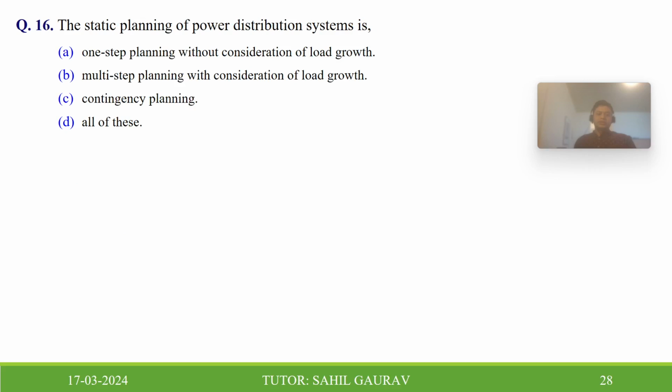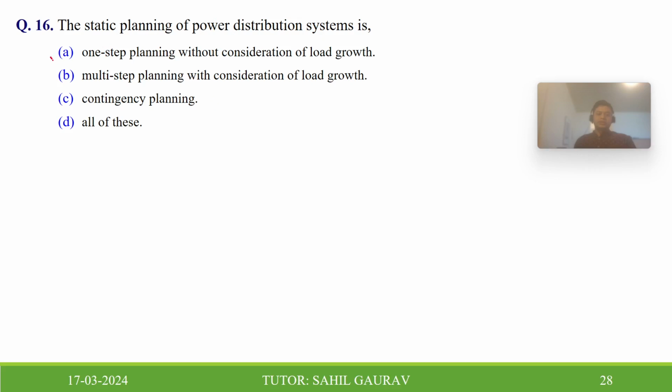I think it has been discussed. The static planning of power distribution system is one step planning without consideration of load growth, and B option is multi-step planning with consideration of load growth. C option is contingency planning and D option is all of these. So what is the correct option?